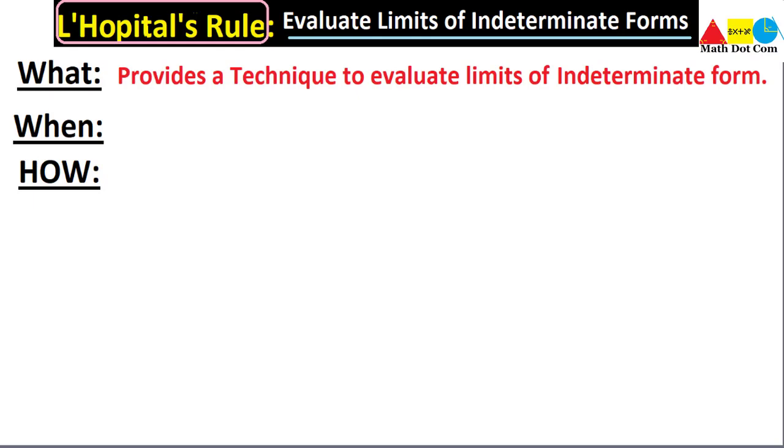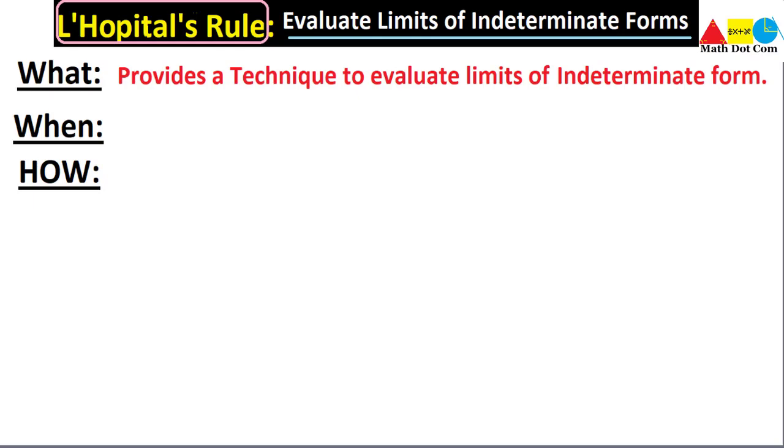What is the indeterminate form? We will see in the "when" section. If you come across such forms, then you have to apply L'Hopital's rule. So what is L'Hopital's rule? It provides a rule that will evaluate the limits of indeterminate forms.